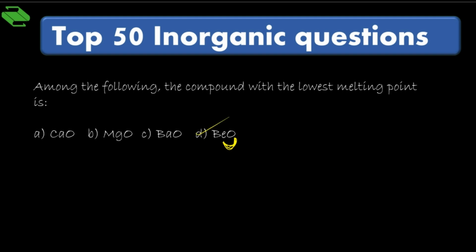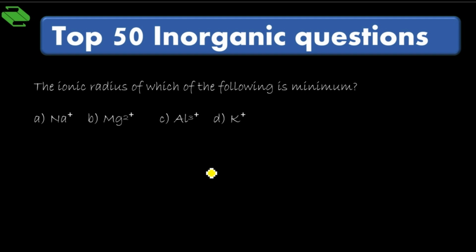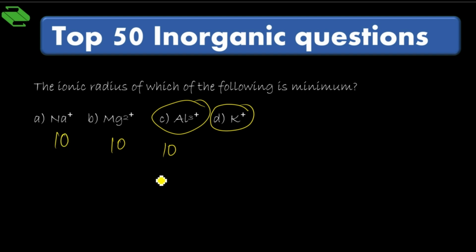The ionic radius of which of the following is minimum? Ionic radius. So you can see aluminium, that is in 3 plus oxidation state, potassium, more shells are there. Aluminium becomes 10, this is also 10, this is also 10.